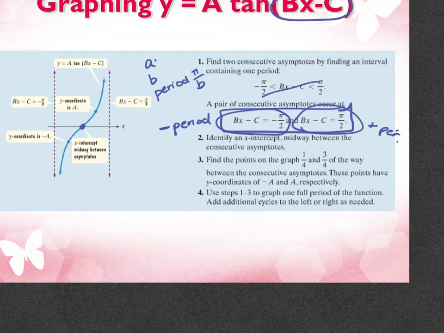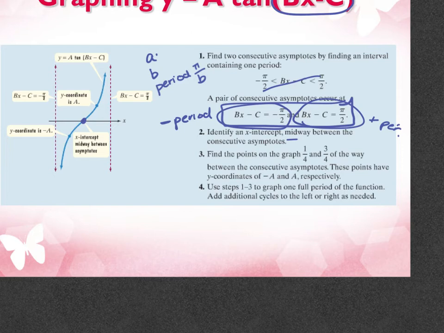Well, the middle 2, you get negative pi over 2, positive pi over 2. Then you're going to subtract the period from the one on the left, and add the period to the one on the right, and that's your 4. Is pi over b, right? Period is pi over b. Yep. And then you're going to find the midway point in between the asymptotes, and that's your x-intercept, or your 0. And then we're going to find the quarter point and the 3/4 point, and that's where you hit a and negative a.